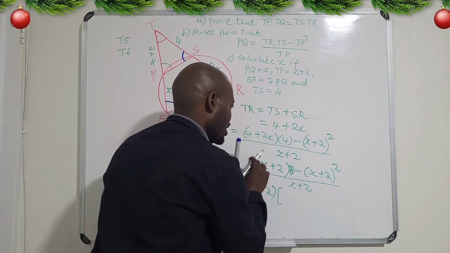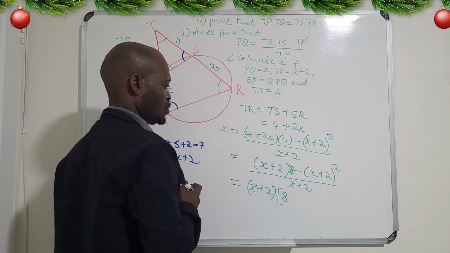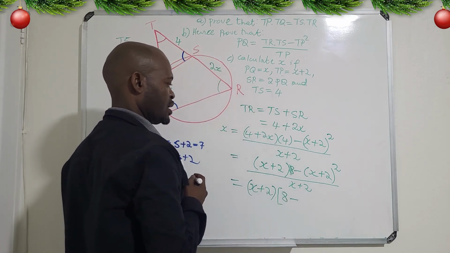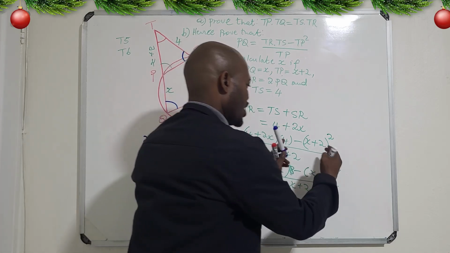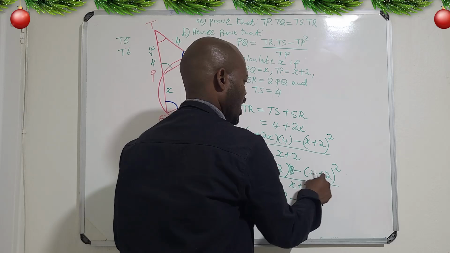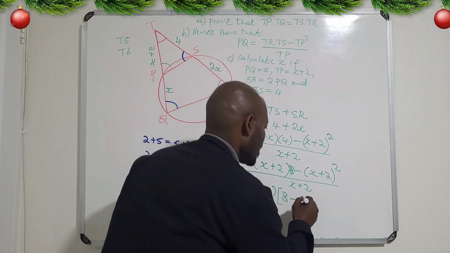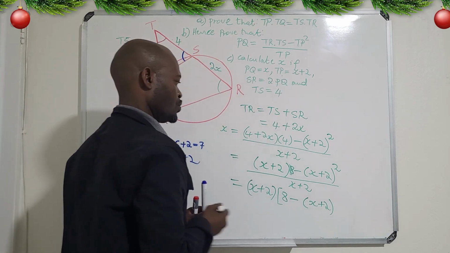I'm going to be left with 8. There's your minus there. There's 2 of them. If I open 2 brackets, which are x plus 2, and take one of the x plus 2, I'm going to be left with x plus 2.